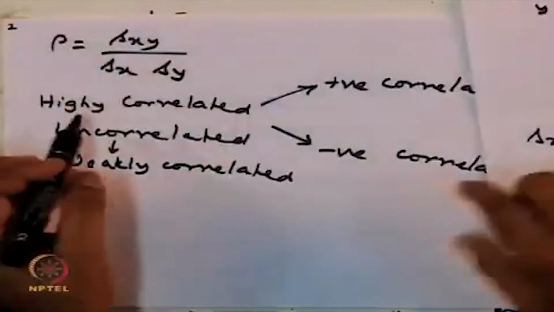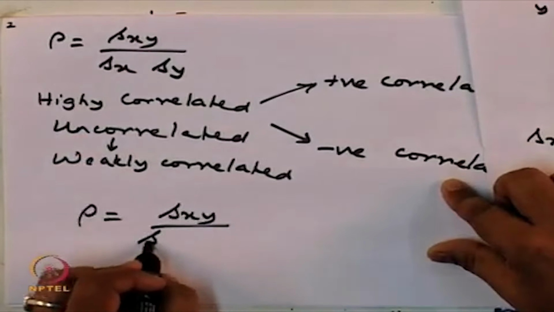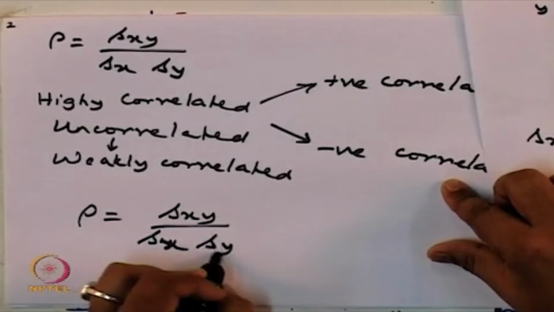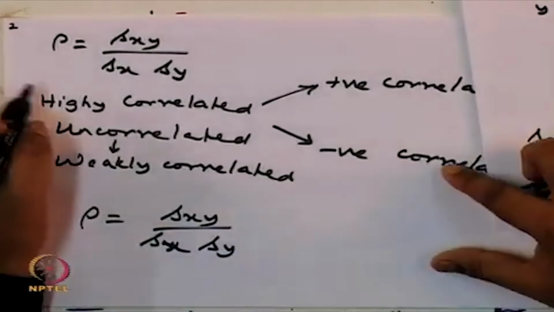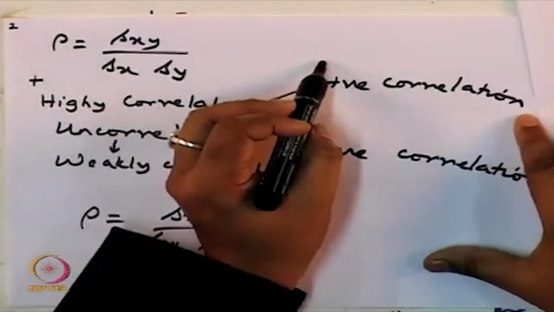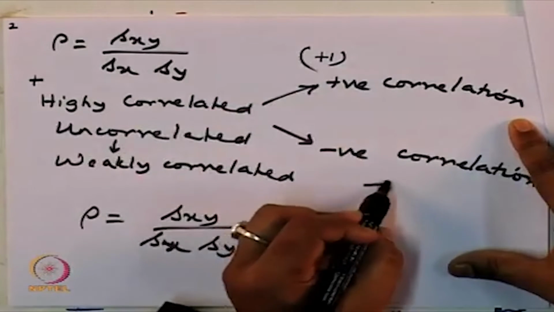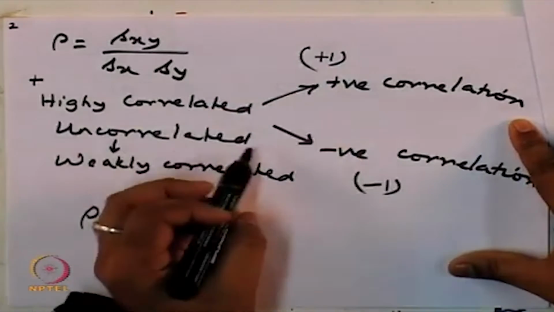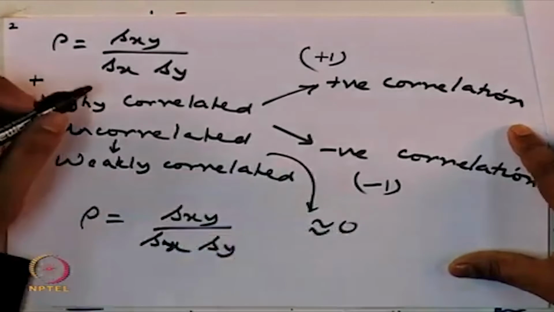So, if we see the way rho is defined as Sxy by Sx by Sy, ideally when it is highly positively correlated, it should give me a value which is closer to +1, negative correlation should give me a value which is closer to -1, and uncorrelated should give me a value approximately equal to 0.